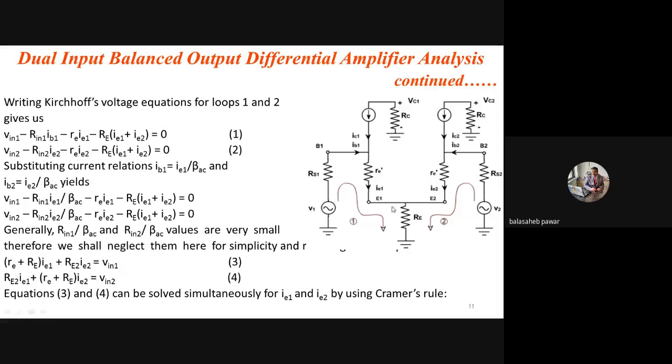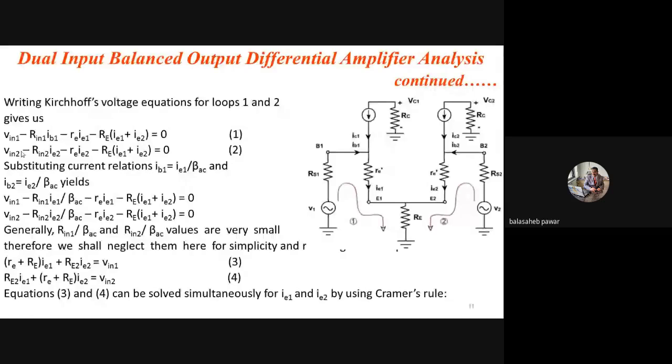It is not that complicated. Vin1 minus the drop across the first resistor Rin1, that is Rin1 into IB1, minus re into IE1, the drop across the equivalent resistor of the first transistor into the current flowing through it, minus the drop across this capital RE. As there are two currents, IE1 and IE2, you have to consider both instead of taking directly twice IE. Similarly, when you apply KVL to the second loop, you will observe the same thing. Write these as equations 1 and 2.